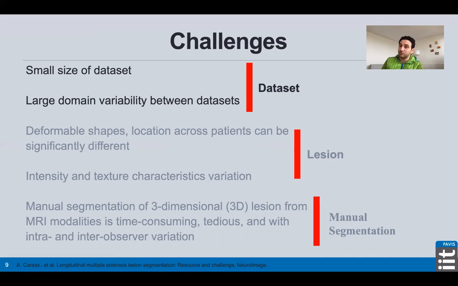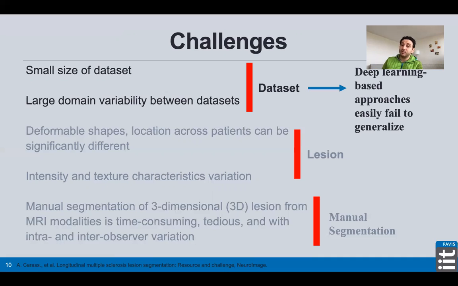So when you train your network on one data set and test it on another, even though both are brain images with MS lesions, the deep learning based method easily fails to generalize because scanners have different properties.